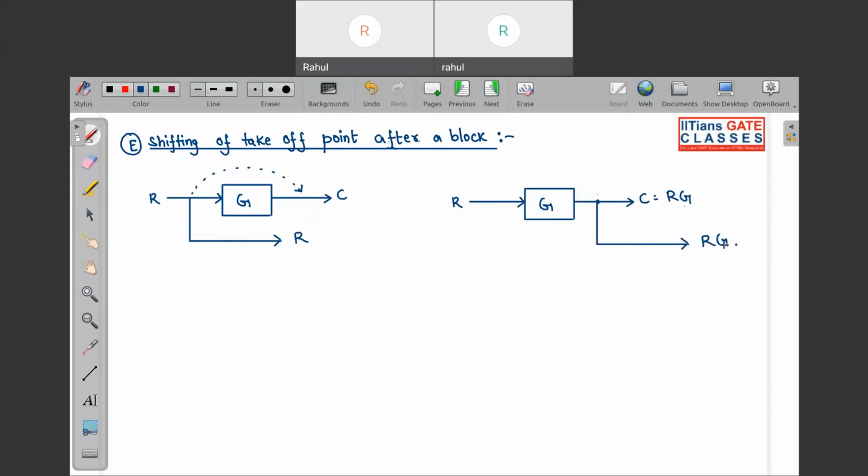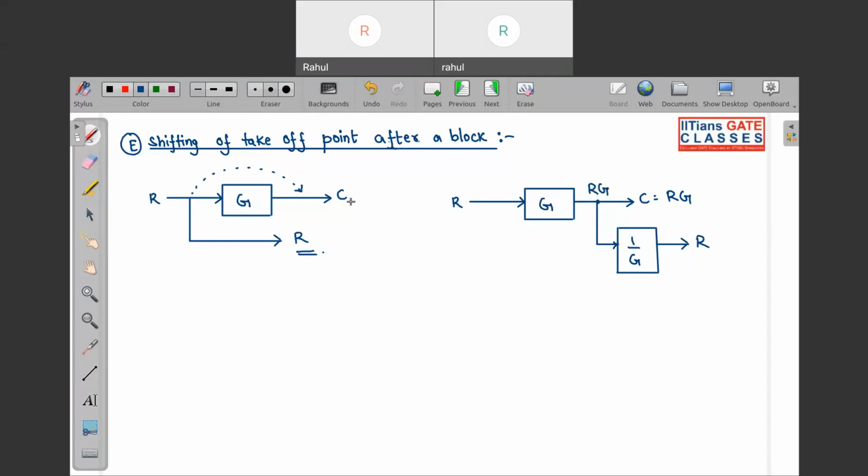Previously it was R, now it is Rg. So there is a change, and we need to manipulate it. What we should do over here is add one block such that the gain of the block is equal to 1 by G. If this happens, then you can see from here we are getting Rg as input, and when this Rg is multiplied with 1 by G, we are simply getting R, which is actually equal to what it was before manipulation.